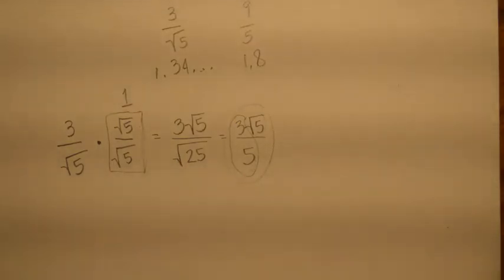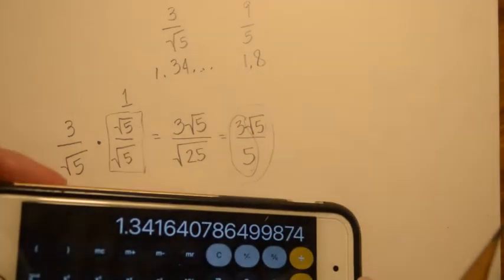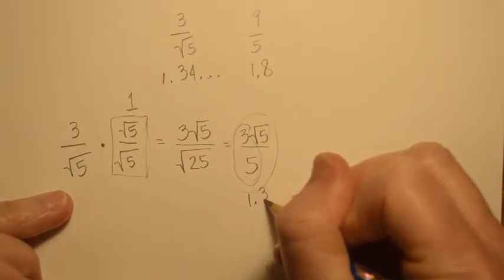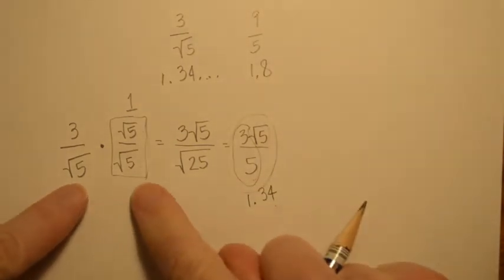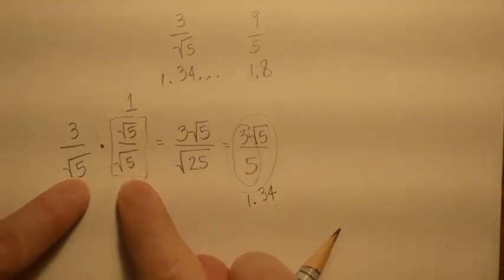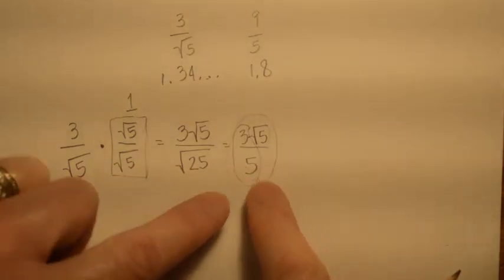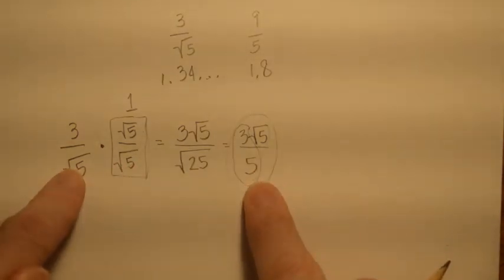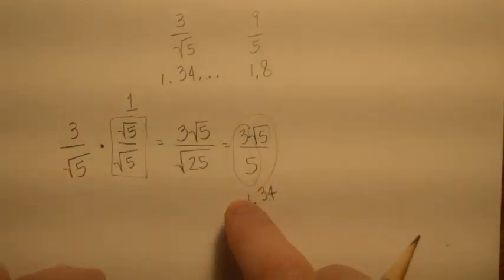So if I do that on my calculator and I get 3 times the square root of 5, divide it by 5, and I do get that same thing, 1.3416. So by doing it this method, right, by multiplying the denominator by something to get rid of the radical, in this case, namely itself, I get rid of the radical in the denominator, but I preserve the value of the original fraction.